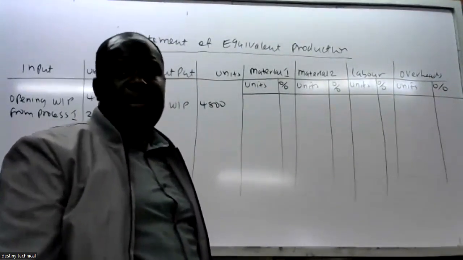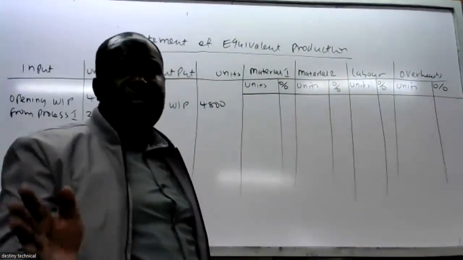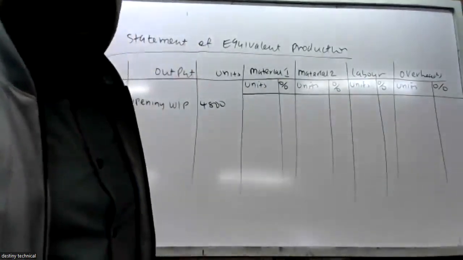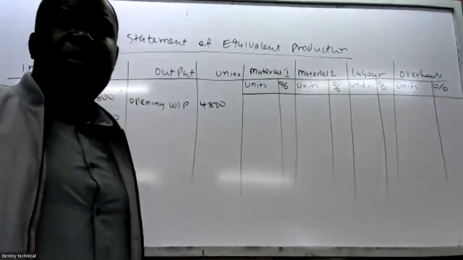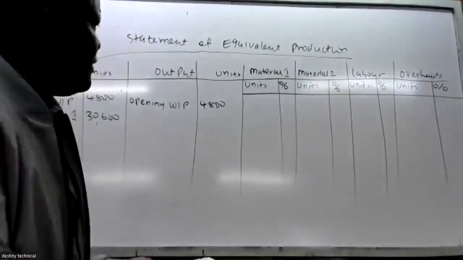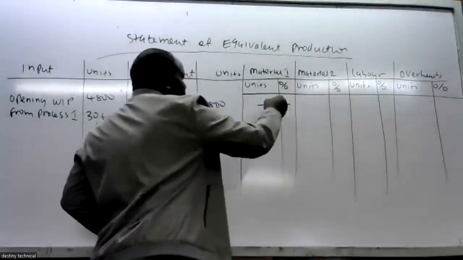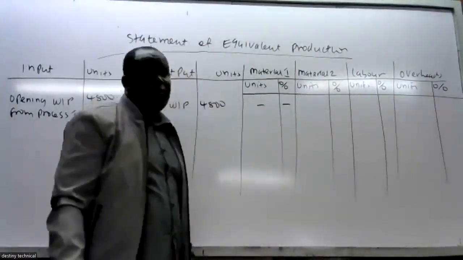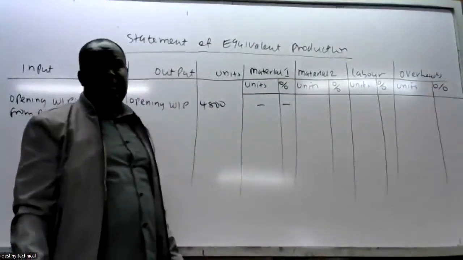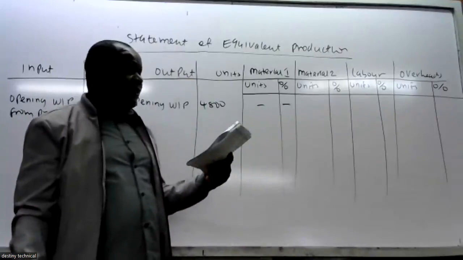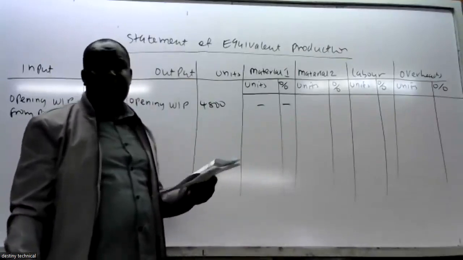So if material 1 is 100% complete and we want the remaining percentage, it will be 0, because there will be nothing to be completed in the current period. Material 2 is what they have given you as 70%.